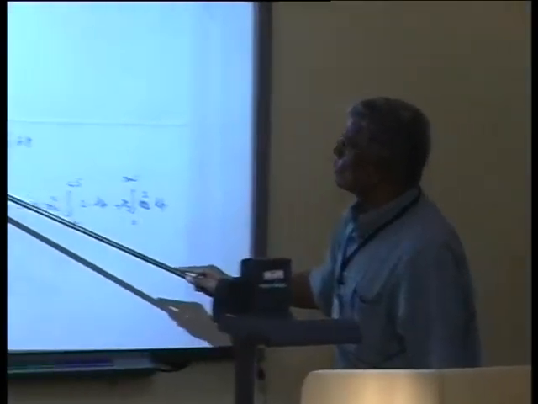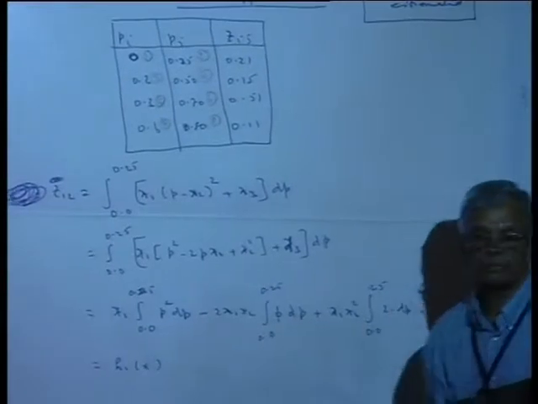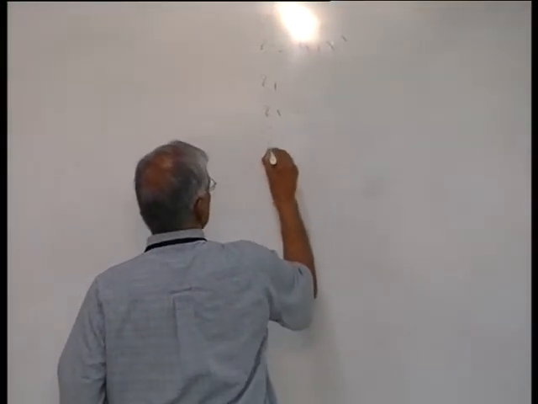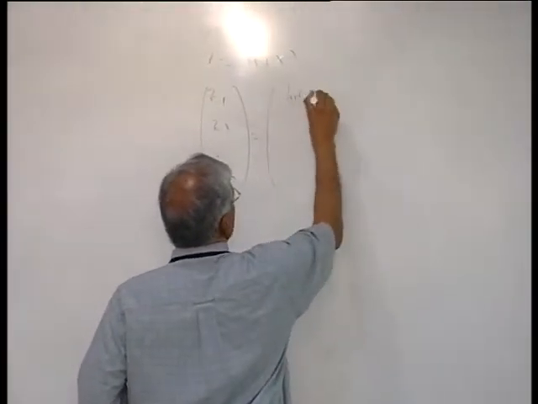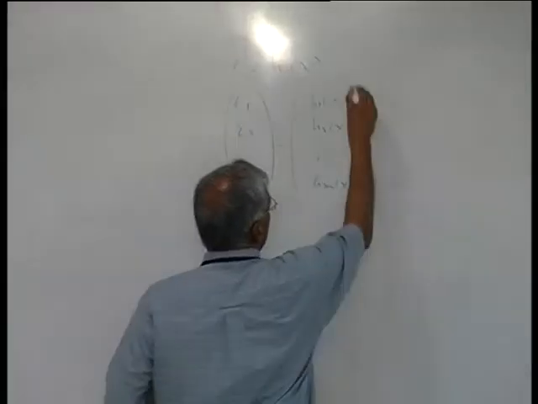Z12 is equal to the integral from 0 to 0.25 of this, which you do like this, and you get this. This is called h1(x). You remember our standard problem? Z is equal to h(x): z1, z2, ..., zm equals h1(x), h2(x), ..., hm(x).